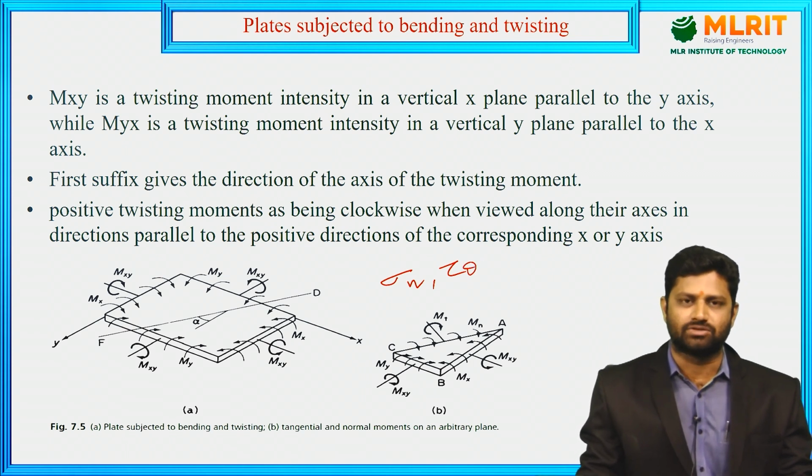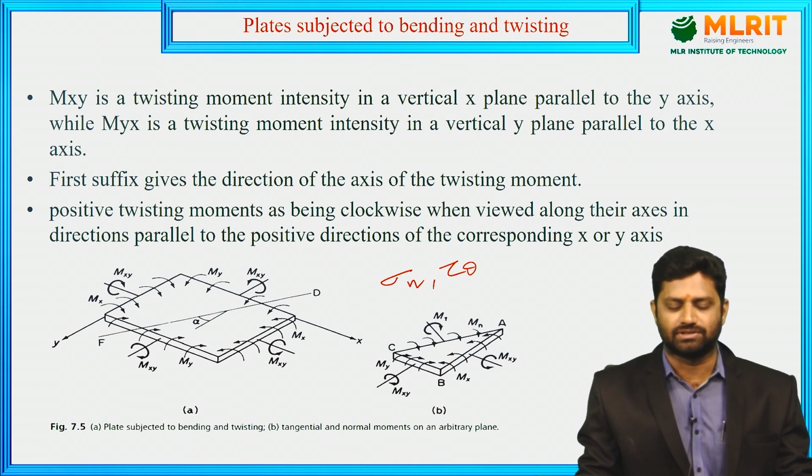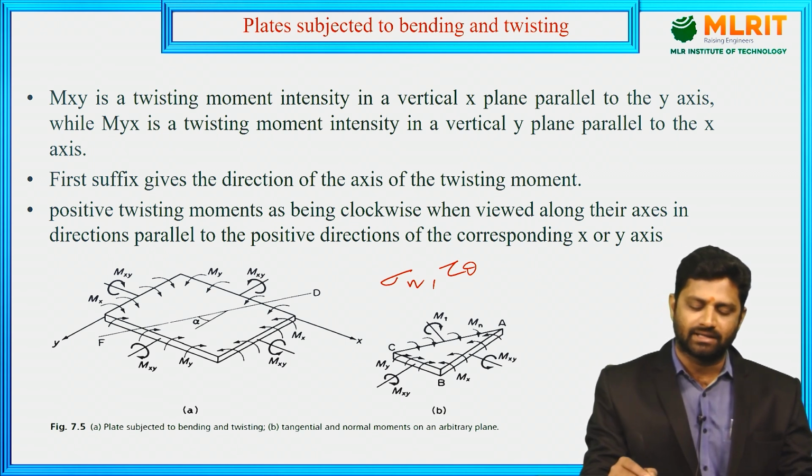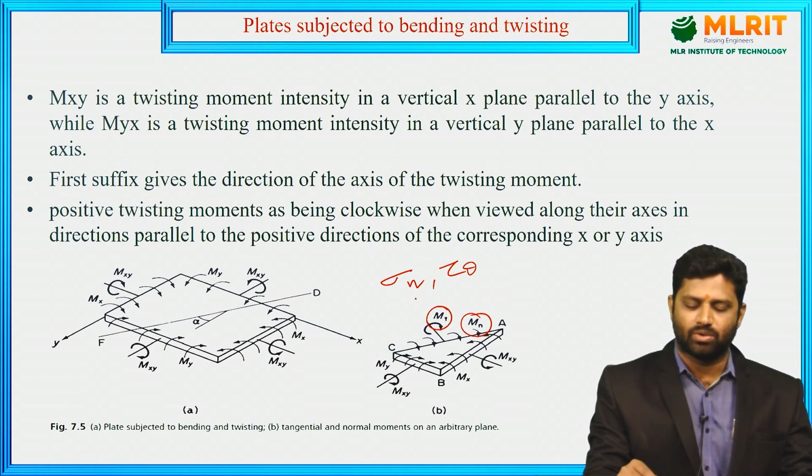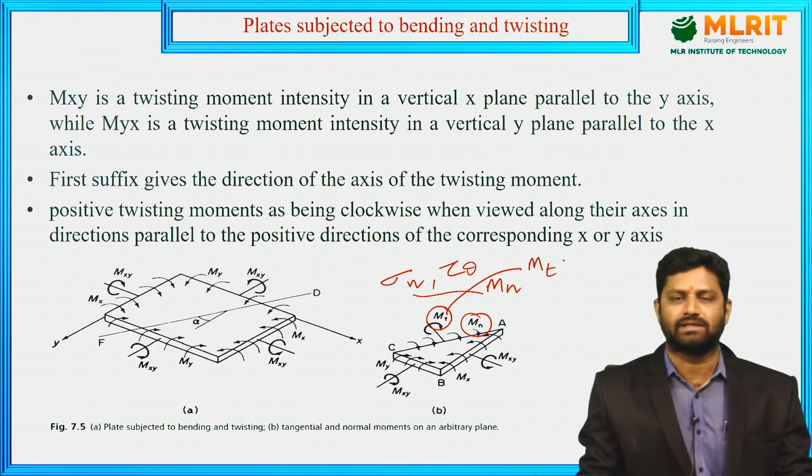Similar to that, for the direct and shear stresses acting on an inclined plane, we are now taking two other symbols, mt and mn. mn is the normal moment acting on the inclined plane. Similarly, mt is the twisting moment acting on the inclined plane. Now, we are going to develop expressions for these two.